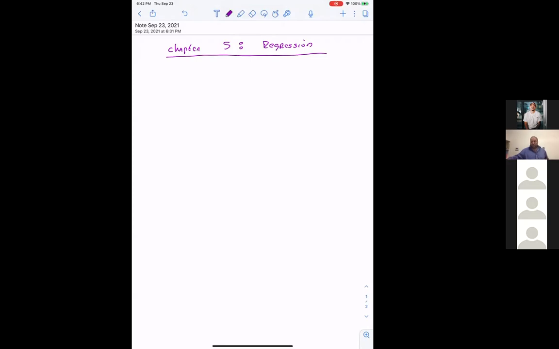If you have a scatter plot and your scatter plot looks like this, would you be able to conclude that there's a reasonable likelihood that your data is linear?